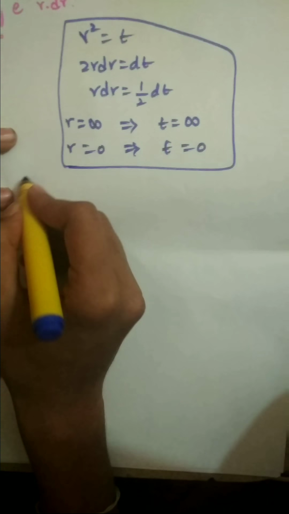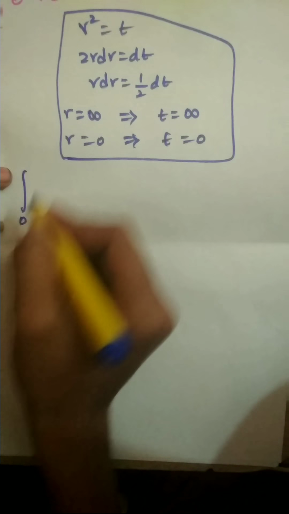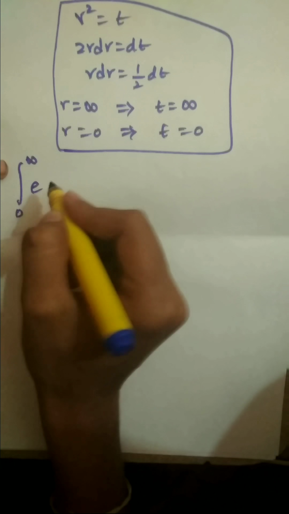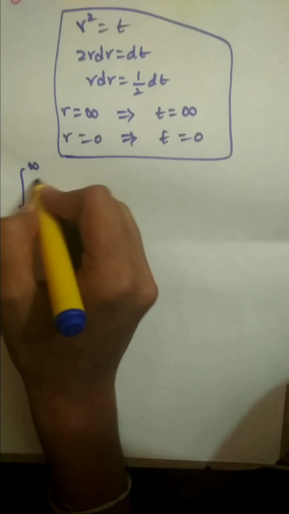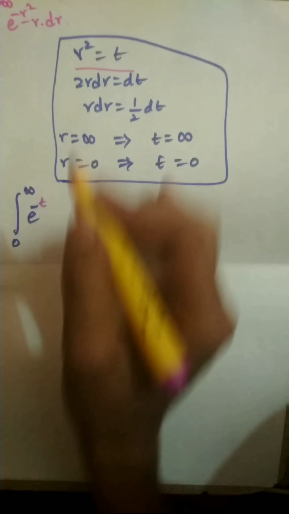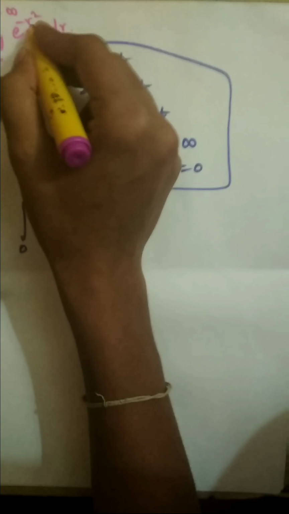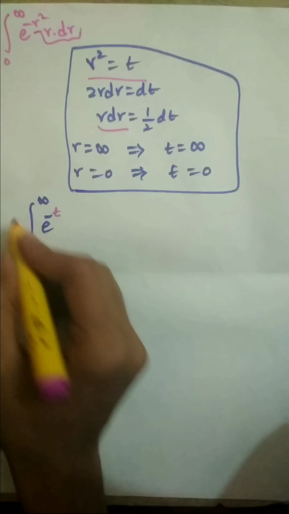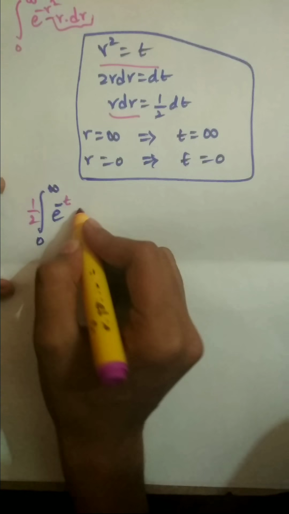Now the integral is reduced as integral from 0 to infinity e power minus, as it is, r square is nothing but t, instead of r square we write t, and r dr is nothing but half dt, half is a constant and dt as it is.